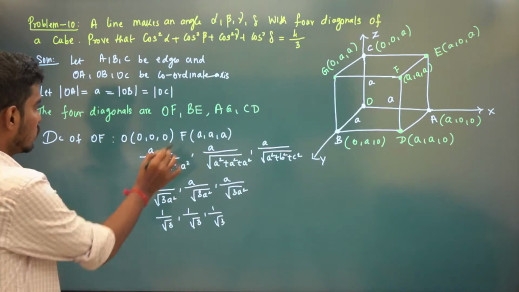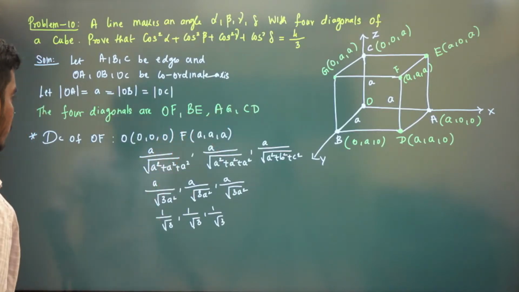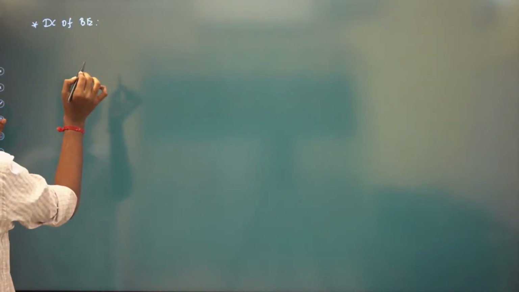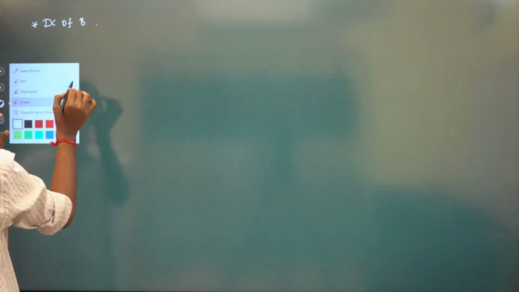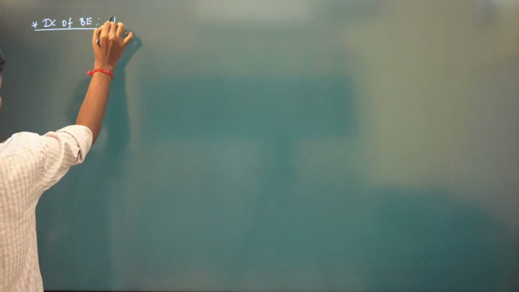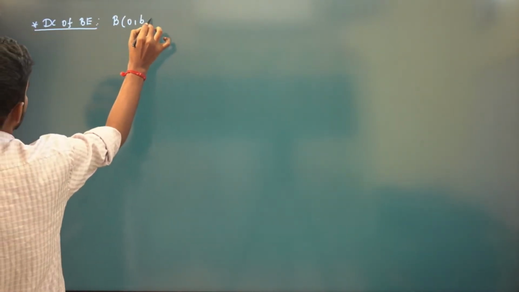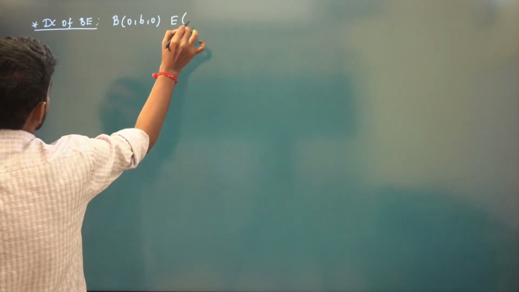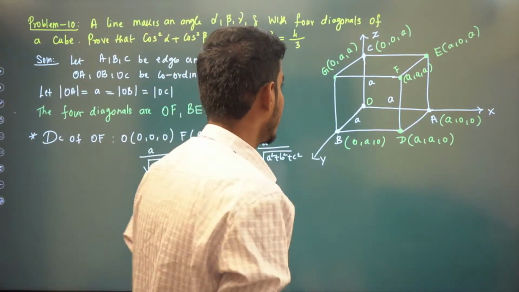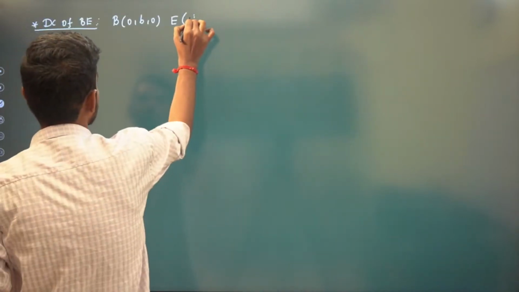Now we will find the direction cosine of BE, AG and CD. So direction cosine of BE. B is 0 comma a comma 0 and E is a comma 0 comma a.